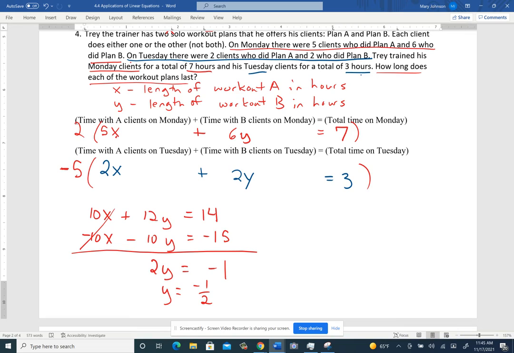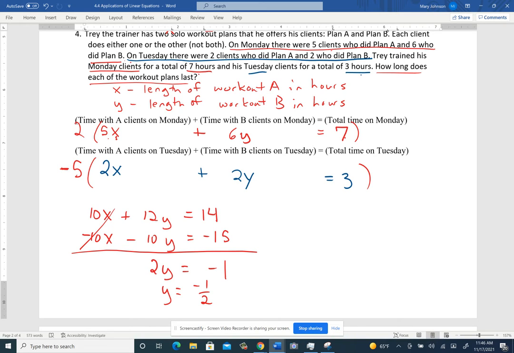And then I could go back and eliminate the y if I wanted to, or I could plug that in for y and work out what the x would be. So they should both be positive. It wouldn't make sense to be negative. So I'm just going to check real quick on things. So 5 clients did A, and it would be X hours. 6 did B, it would be Y hours, and he worked for a total of 7.